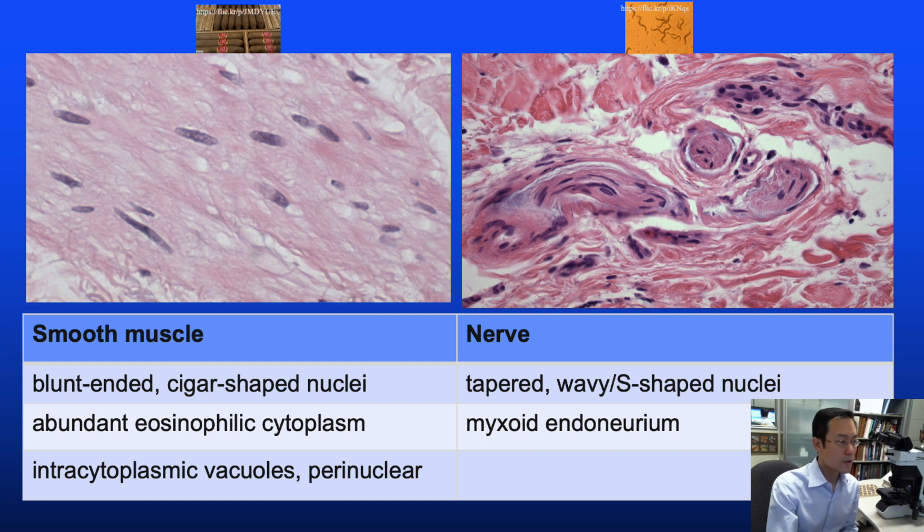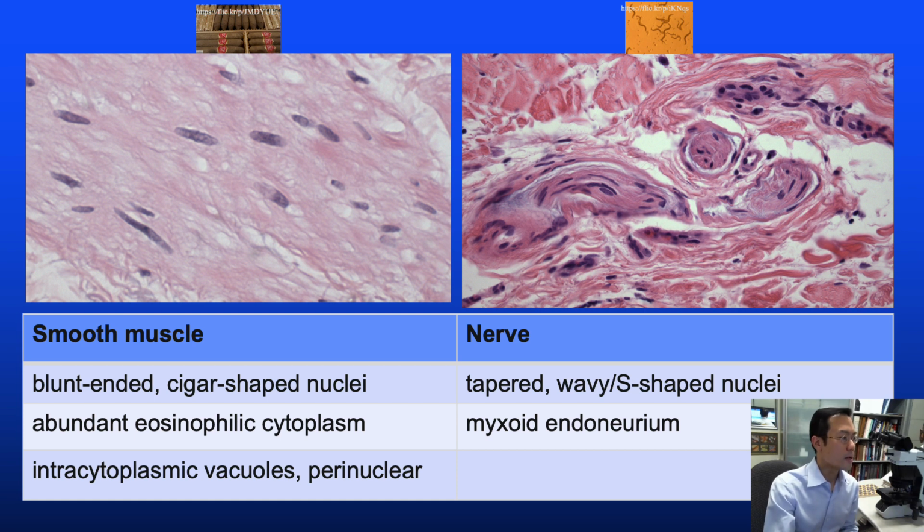And there are some overlapping features with nerves, but there are also multiple features that we can use on H&E to make the distinction in the vast majority of cases. So smooth muscle cells are spindle cells. Their nuclei do have more blunt-ended or cigar-shaped nuclei in contrast to the wavy and tapered or S-shaped nuclei of nerves.